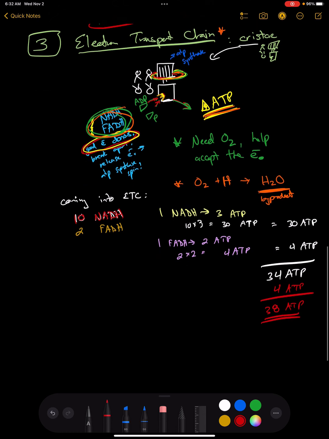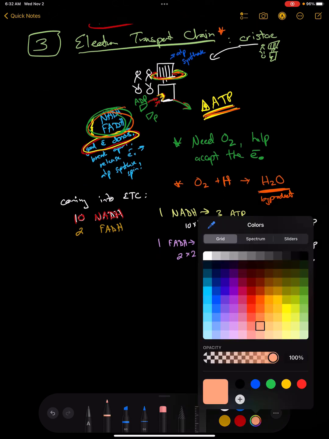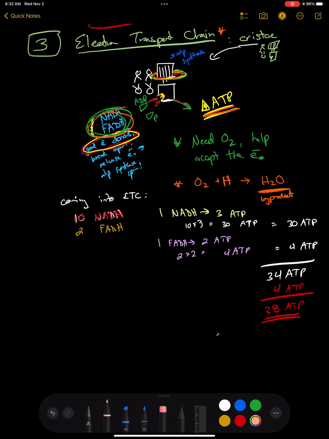But as with anything, when I cross into the mitochondria, that cost me 2 ATPs. So 38 minus 2 will give me that rousing number of 36.